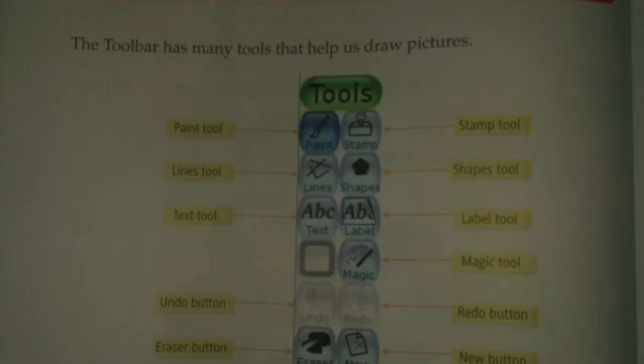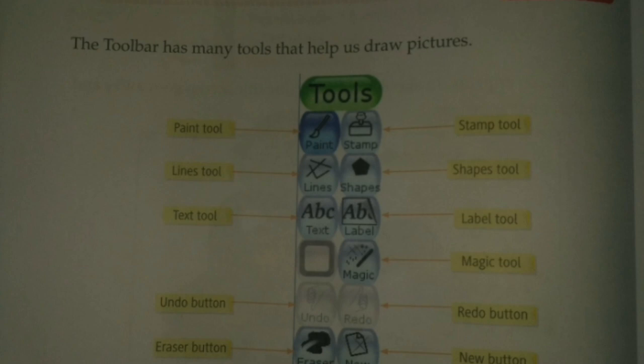Okay, next, the toolbar has many tools that help to draw pictures. When TextPaint is open, there are so many tools. So you have to study which tools you can see in TextPaint.